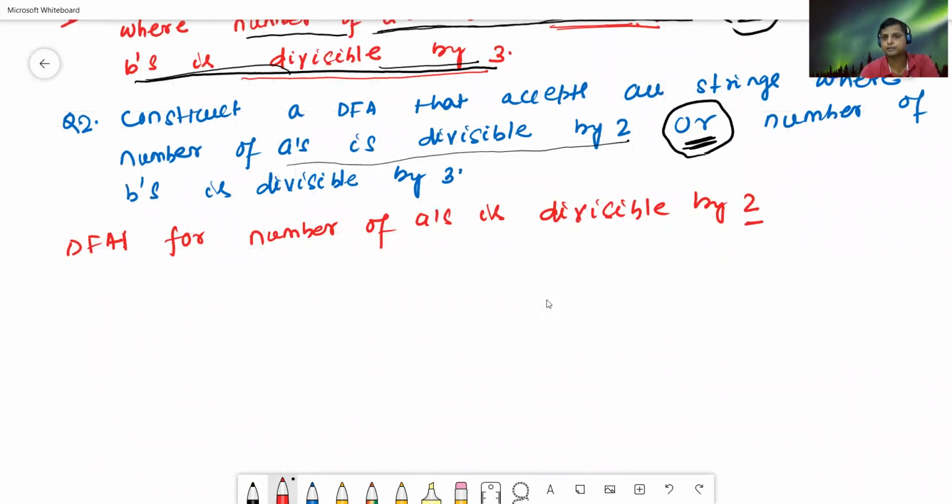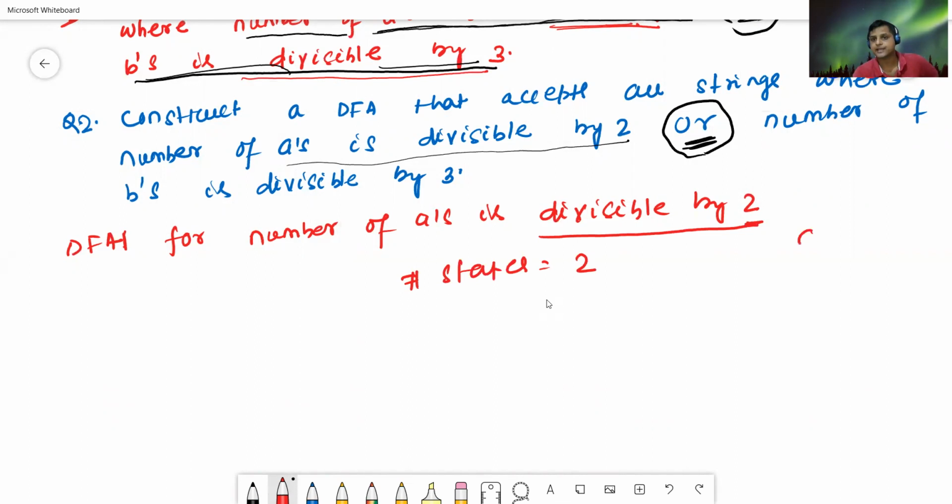Since it is a divisible problem, how many states will be required? The number of states here is 2. So for the DFA for number of A divisible by 2, what are the valid and invalid strings?